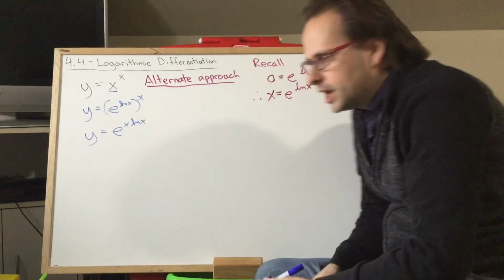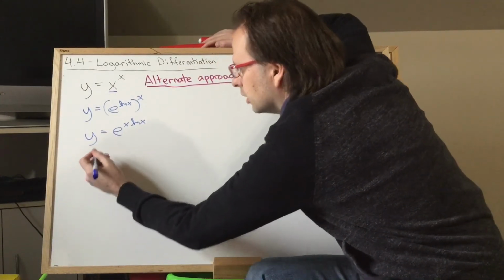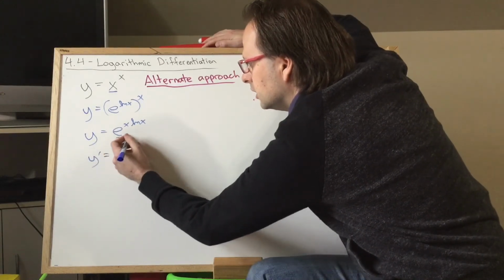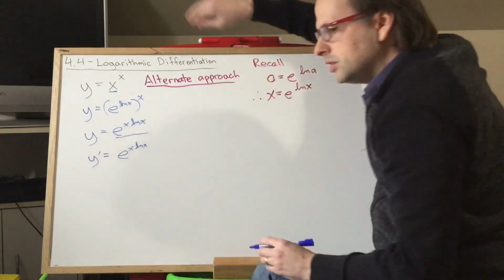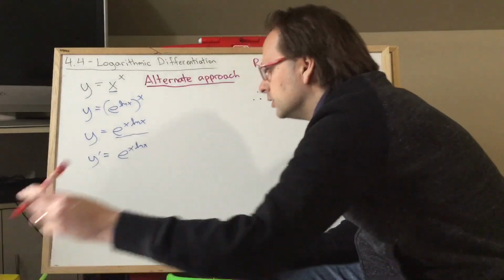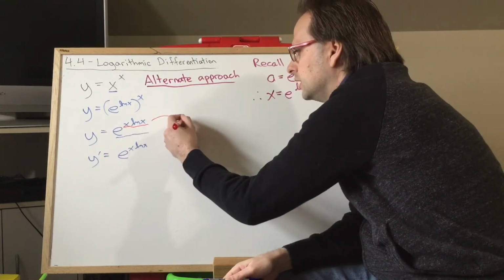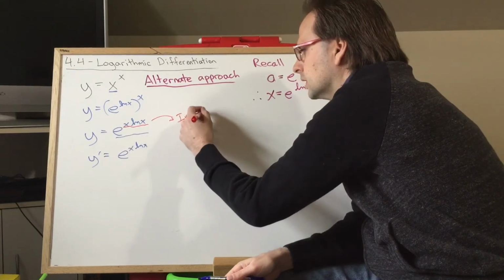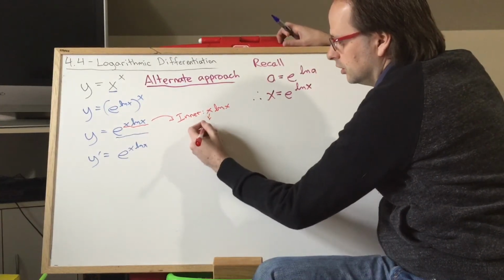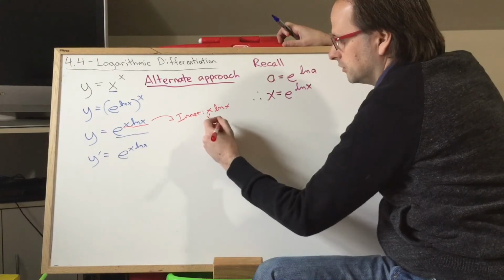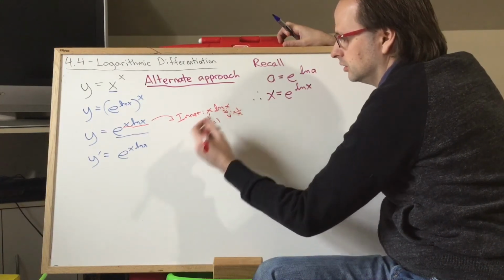That should be not that bad to differentiate. So when we differentiate this, there are no logs, so we just have y prime equals. And the rule is with an exponential, you do nothing, and then you have to multiply by the derivative of the inner part. So that was the inner, x ln x. It's a product, so its derivative of its first part would be u prime, its derivative of its second part would be 1 over x.